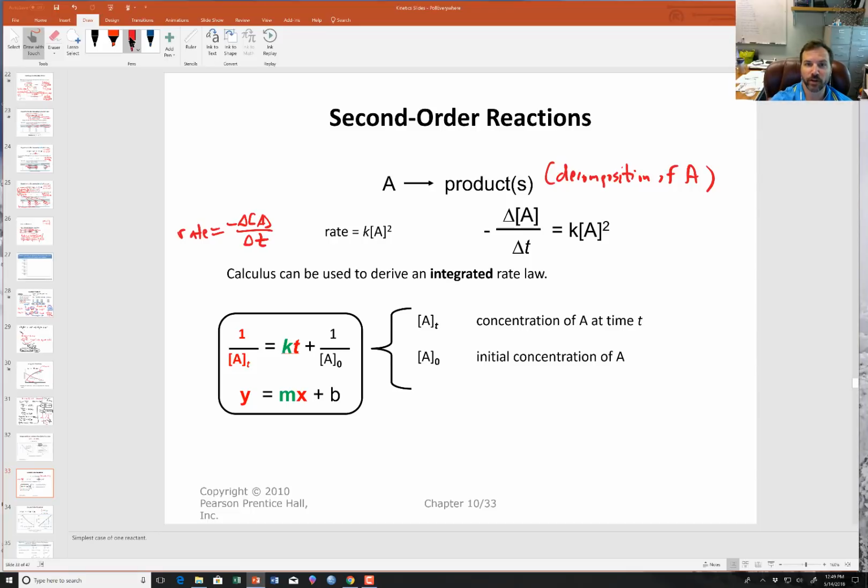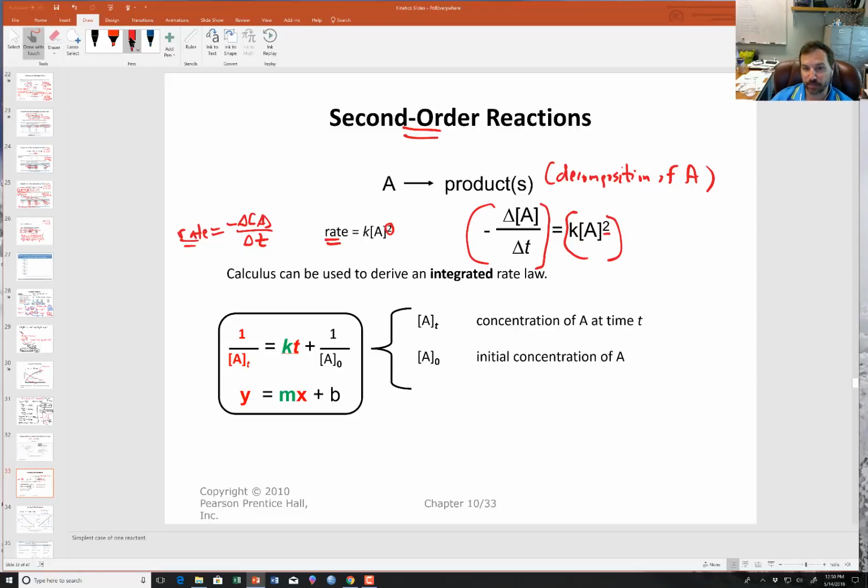If it's a second order reaction, now we would say that rate equals rate constant times concentration of A squared. And again, we know that these rates would be equal to one another because it's describing the same reaction. And so now we say that the rate expression would equal the rate law. But now the change is that instead of having a first order reaction, we have a second order reaction.